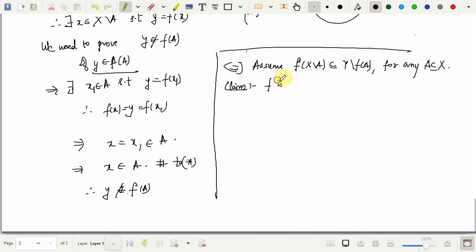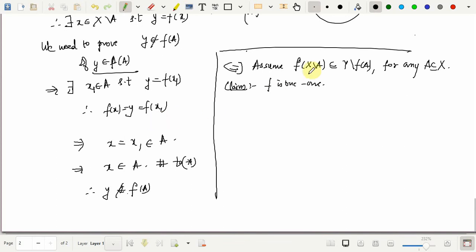Fine. So we need to show that f is 1-1. I'll show this using the definition, that is, I'll show that if x1 is not equal to x2, then f of x1 will not be equal to f of x2.